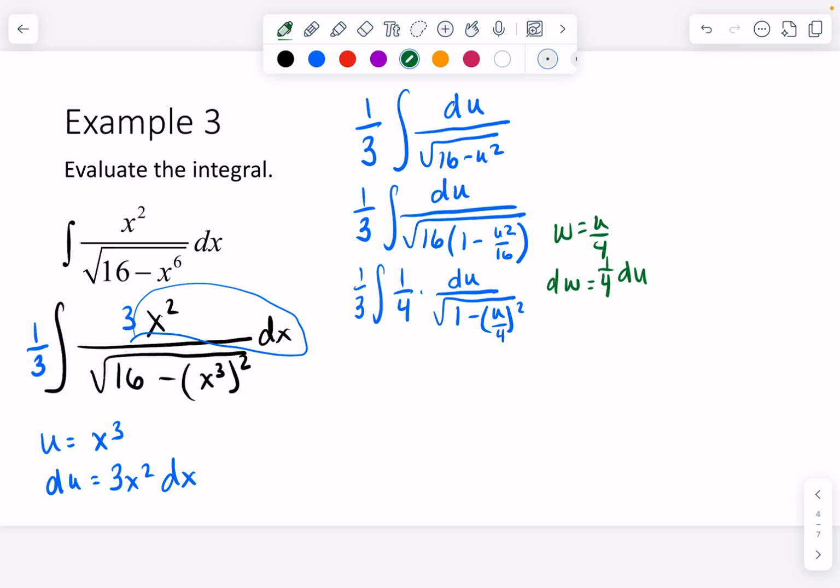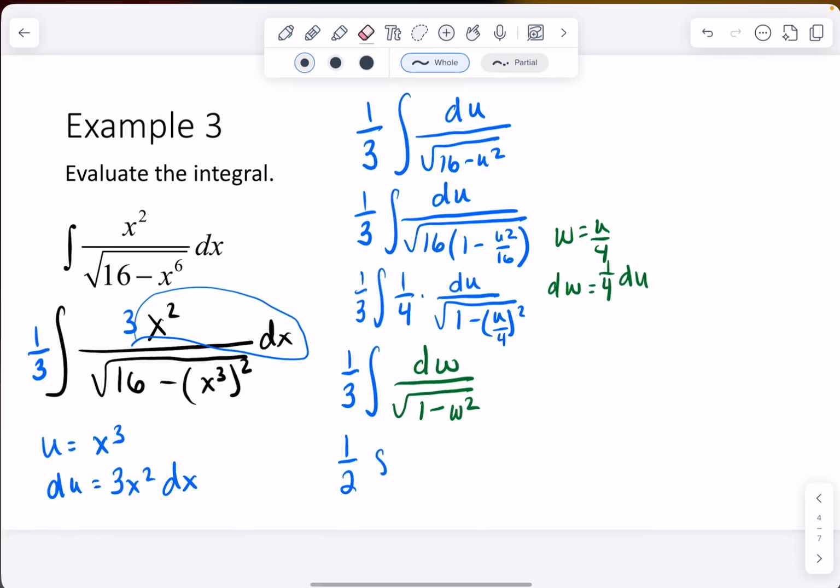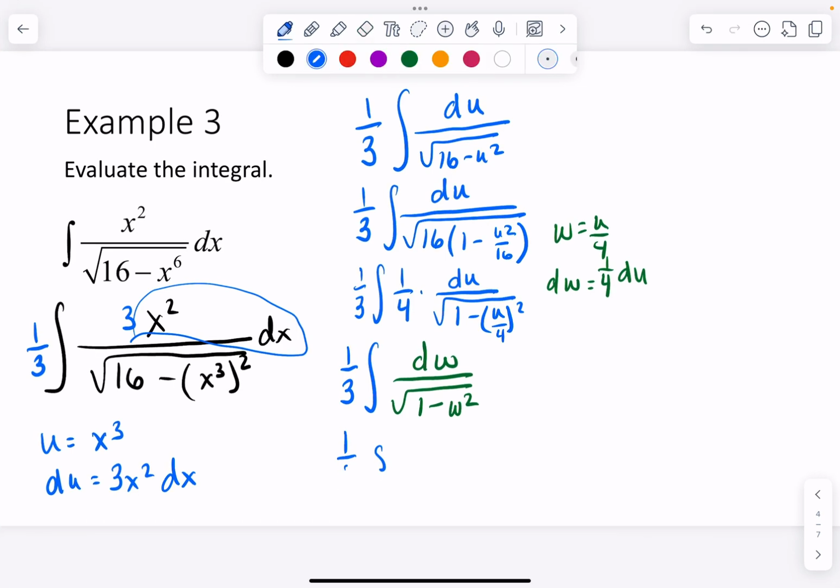So I really have here 1/3 integral now of dw over square root of 1 minus w squared. Okay, so now I can do this. This is 1/3 inverse sine of something. Don't forget your plus c. I almost did.